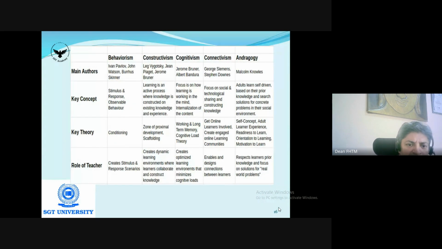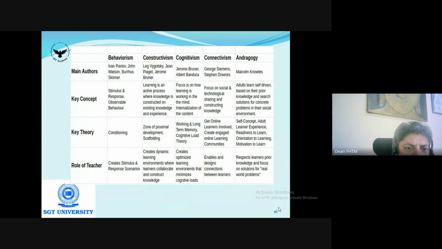Yeah. Again, this is for the understanding of the learners. I have given here some of the key concepts, the key theory, and the role of the teacher. And I have also mentioned the people who presented these theories. Behaviorism was put forward by Ivan Pavlov, John Watson and B. F. Skinner.